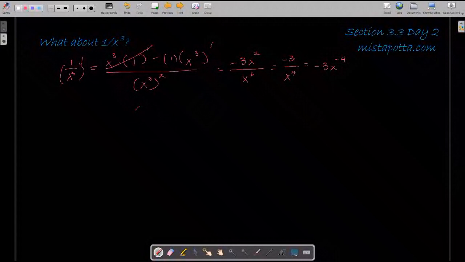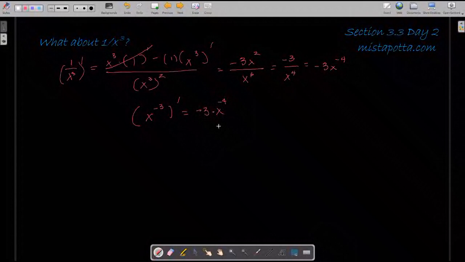Because we notice that the derivative of x to the negative 3 power is negative 3 times x to the negative 4 power. And this looks suspiciously like the power rule, where x to the n becomes n times x to the n minus 1, because negative 3 minus 1 gives us this 4.